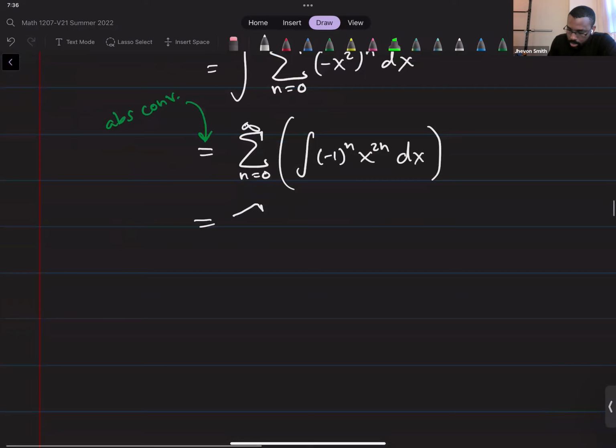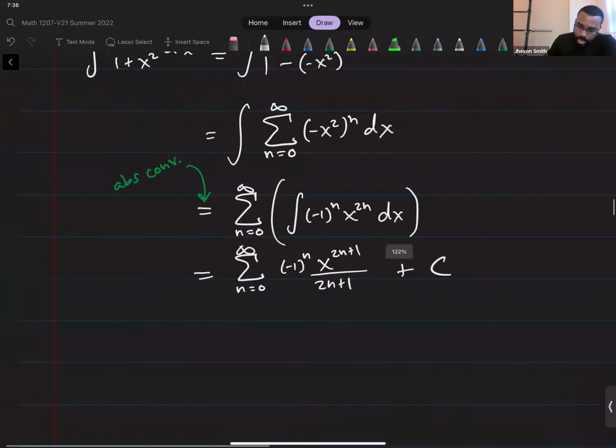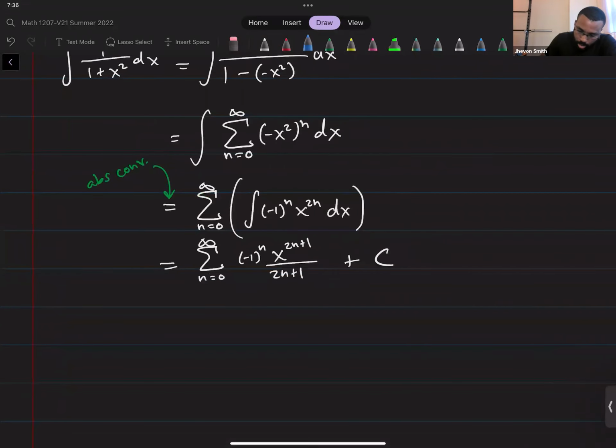And this is going to be minus 1 to the n, x to the 2n plus 1 divided by 2n plus 1. Right? Now, of course, that's going to be plus c, which I have to find. But I know that this should give me an arctan on this side, plus a constant.